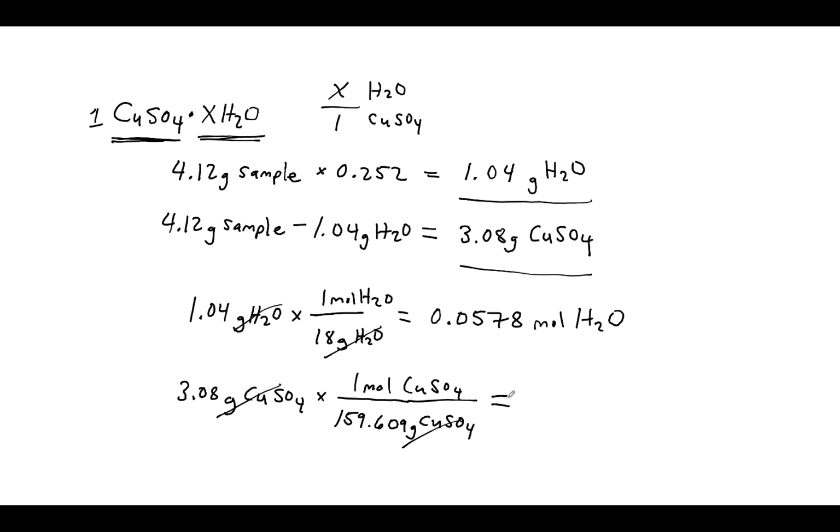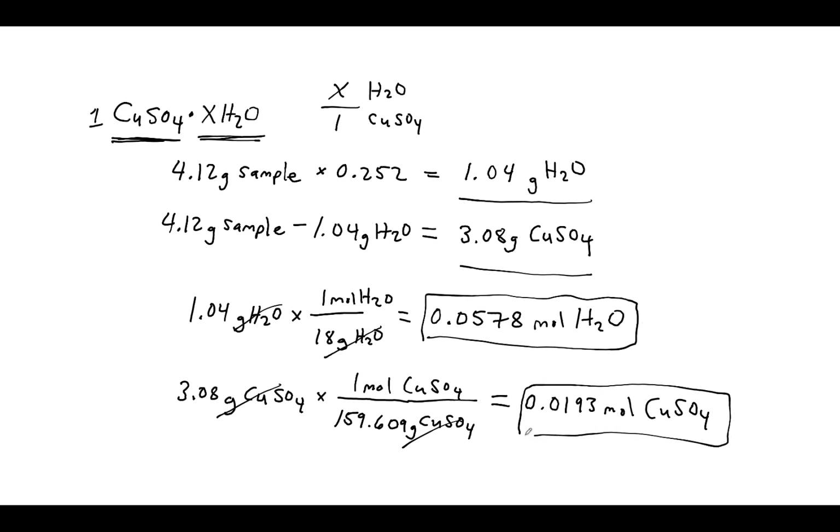We get about 0.0193 moles of the copper sulfate. So now what we want to do is take our moles of H2O and divide that by our moles of copper sulfate, and that'll give us essentially the mole ratio between XH2O and 1 copper sulfate, right? So let's go ahead and compute this and see what we get.